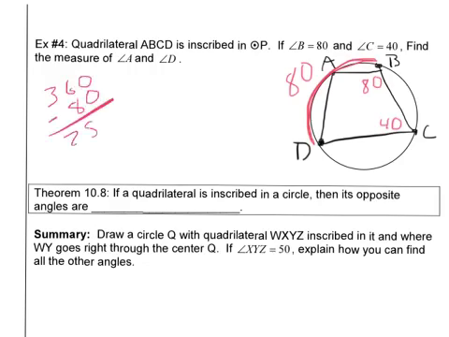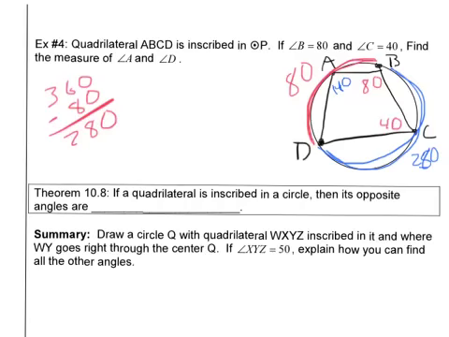So that's 280. So that means this arc over here in blue is 280, which then means that the angle that is inscribed and intercepts this blue arc here would be half of 280, sorry, I kind of wrote that kind of funky. Half of 280, or 140. And there we go. We found angle A.